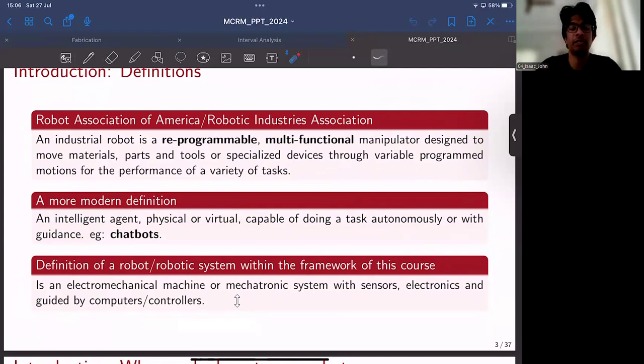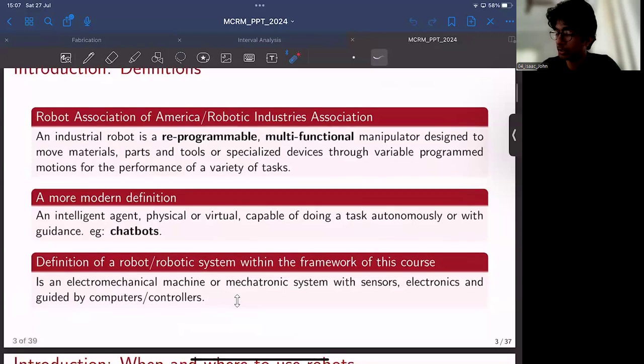When you first hear about robot, the first thing that comes to your mind would be a physical entity, but that does not have to be, because today is the world of chatbots. You might have experienced these chatbots replacing customer services these days. So it does not have to be physical. It can also be a virtual entity.